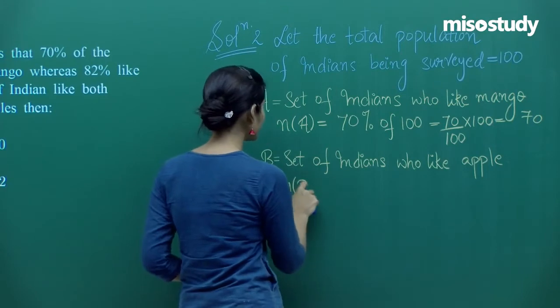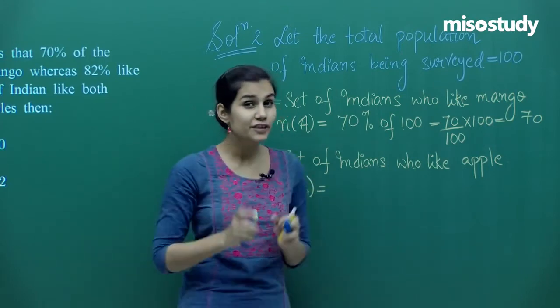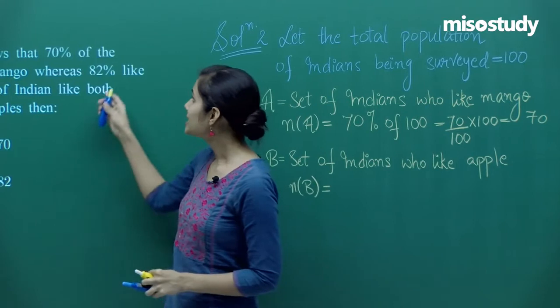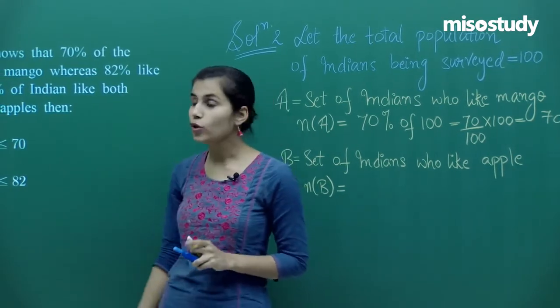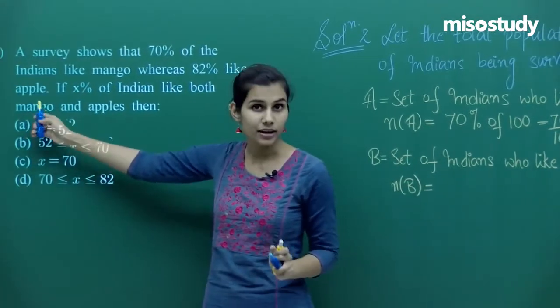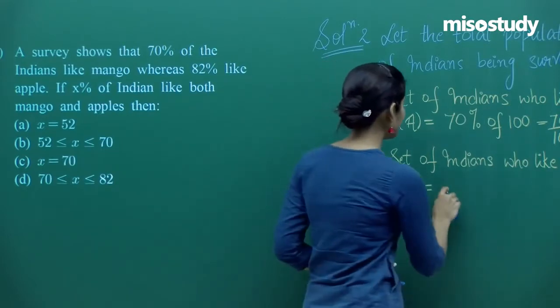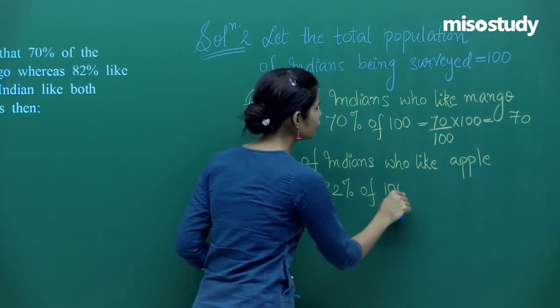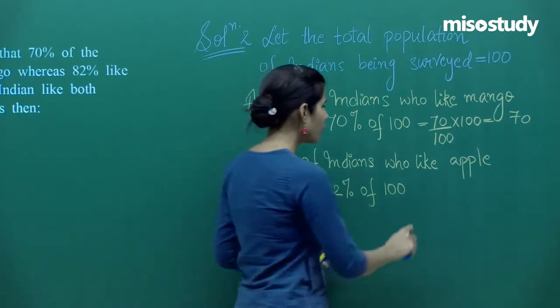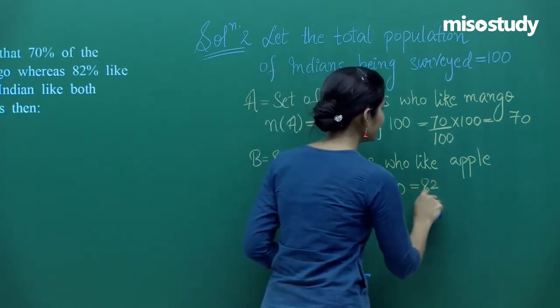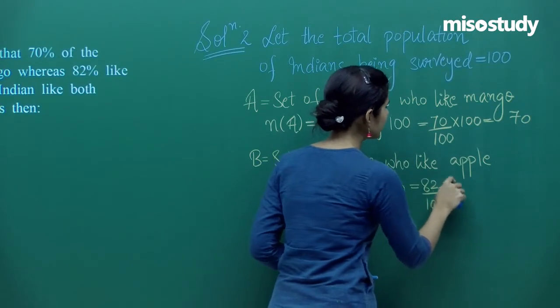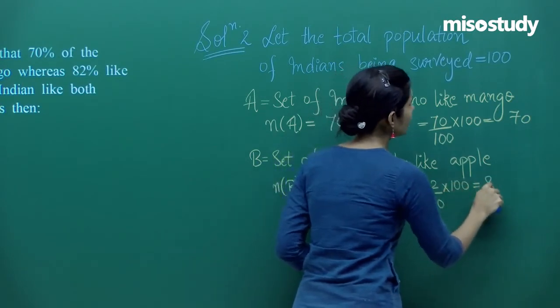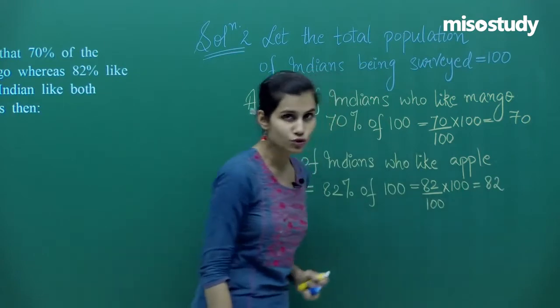Number of members inside B is given to you in the question. It says 82% of the total Indians like apple, which means 82% of the total population, which is 100. And what will you get is 82 upon 100 into 100. This is going to deliver 82 to you.